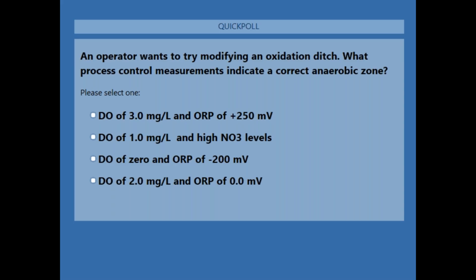I'll throw you one of them. Someone was wondering, does ammonia conversion happen at the same time as BOD removal, or does BOD removal have to be reduced to a certain level before nitrification? Yeah, it's occurring concurrently, but there's so few nitrifiers compared to the heterotrophic bacteria that are consuming BOD.